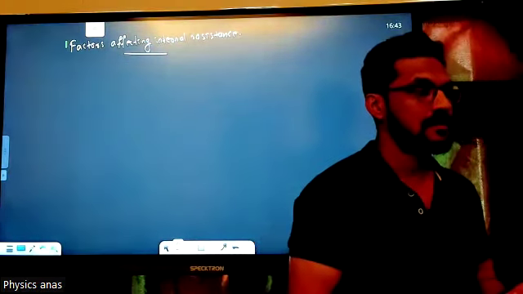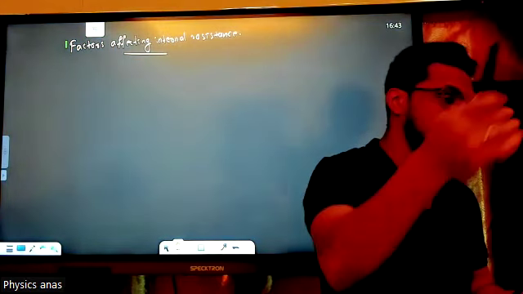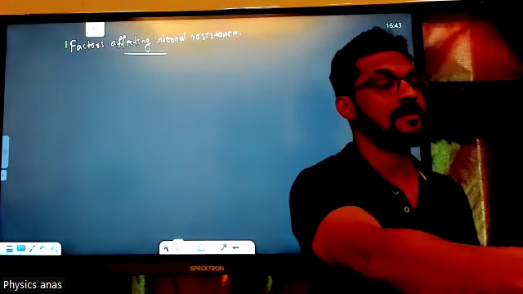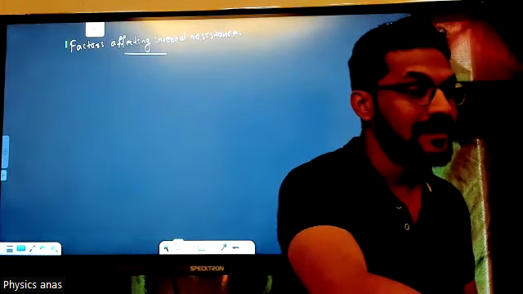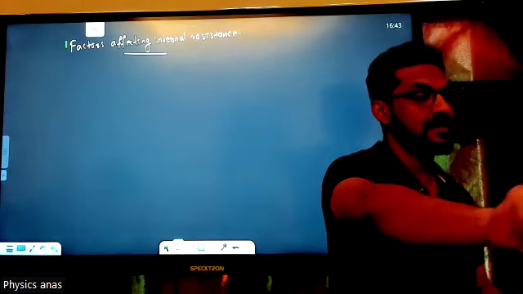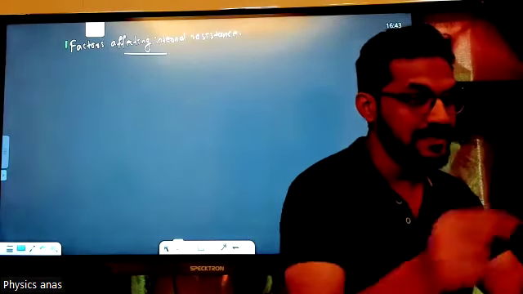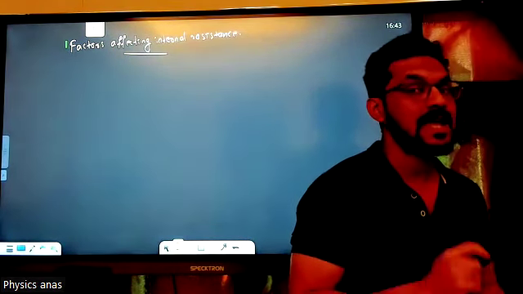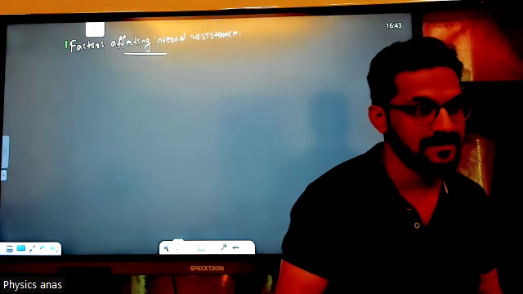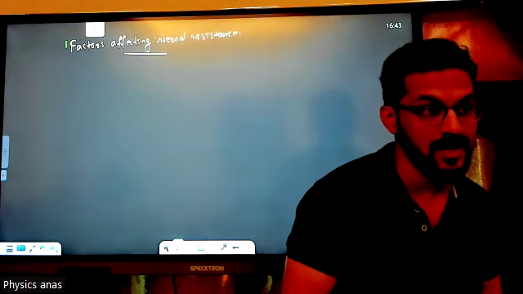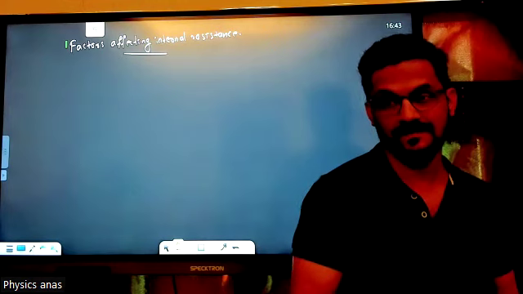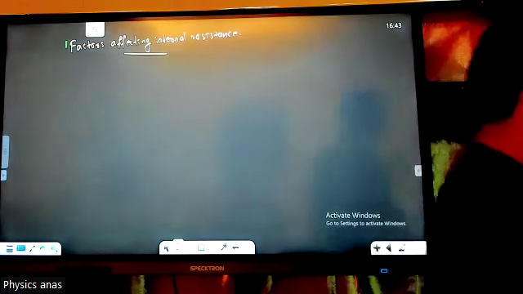And resistivity is also there. You can summarize that like this: nature of electrolyte, temperature, distance between electrodes, area of cross section of electrodes, concentration of electrolyte, all this. I'll give you the note.